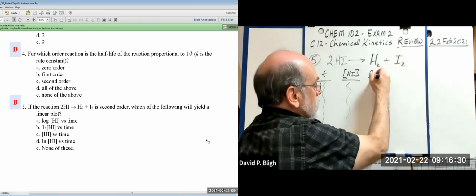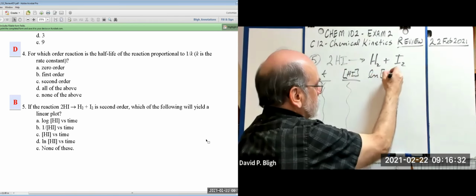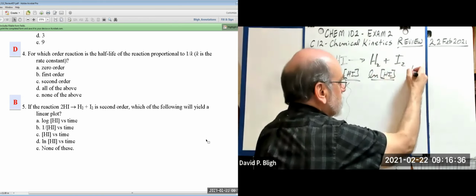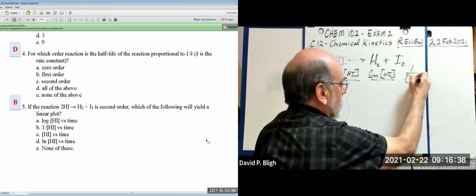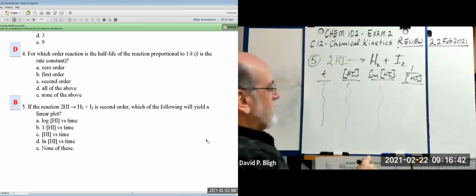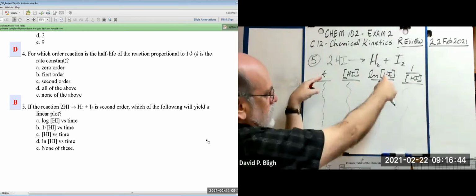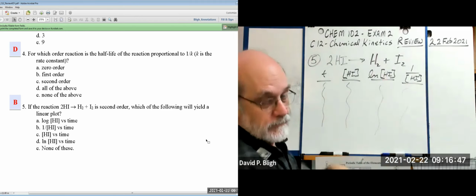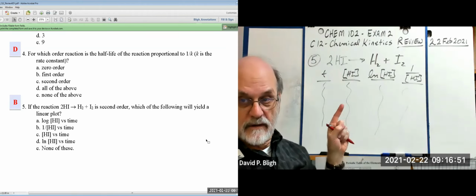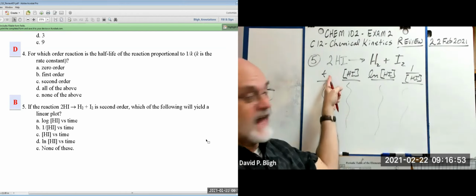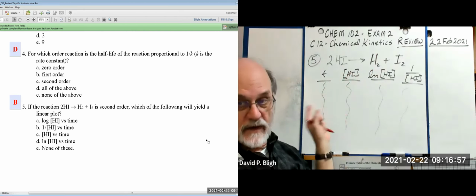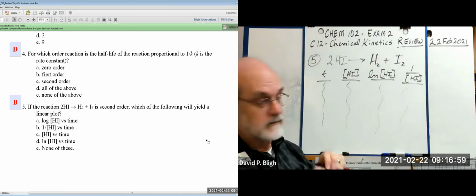So next, you take the natural log of that one. And then you take the inverse of that one, right? And then you plot that one, then you plot this one, then you plot that one. And the linear plot, with this on the x-axis and one of these on the y, gives you the order, right?